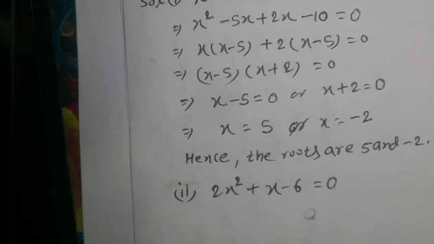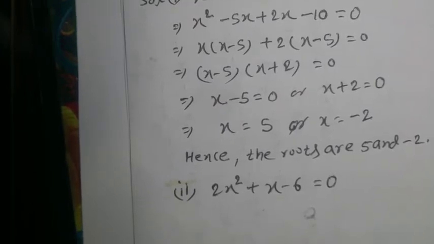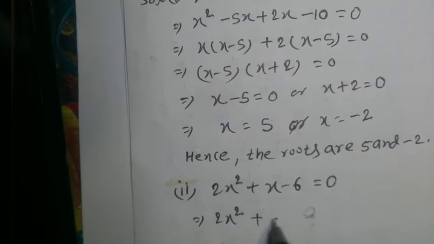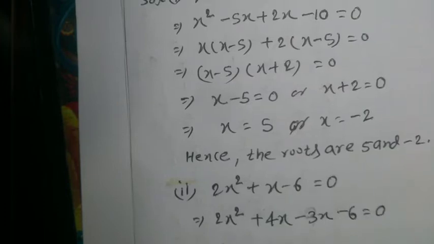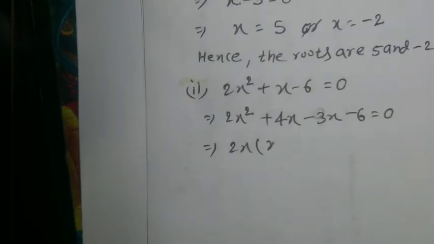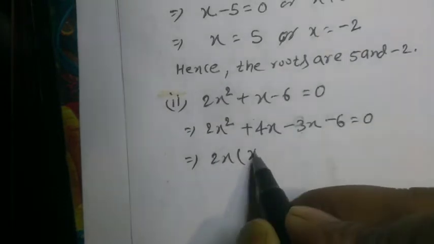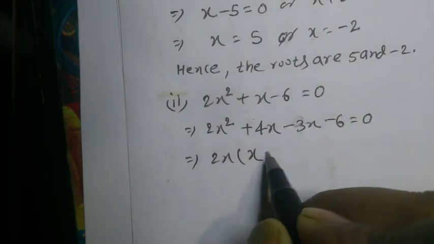So we write 4 times 3 is 12 and the difference of 4 and 3 is also 1. So we write here 2x square plus 4x minus 3x minus 6 is equal to 0. 2x common, then we get x plus 2.